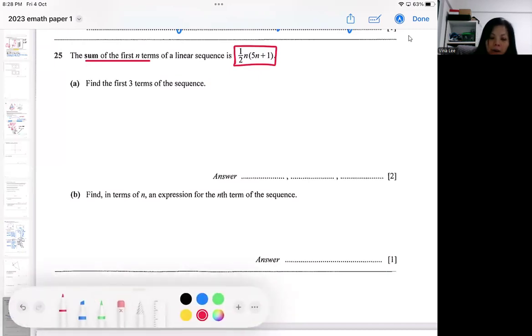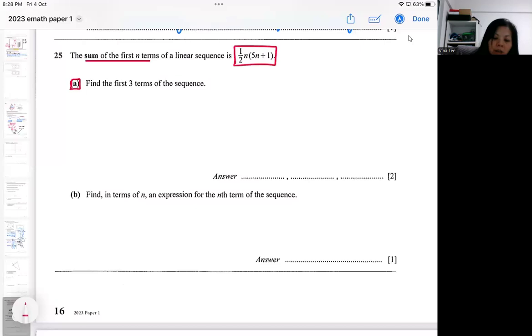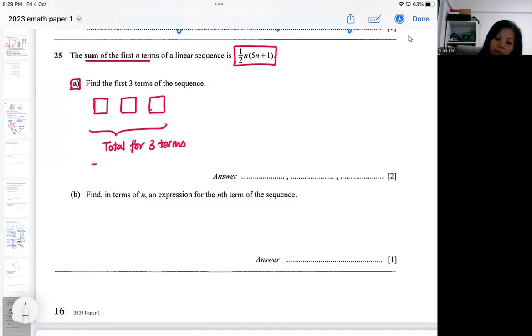So in this question part A, we want to find the first 3 terms. How am I going to find the first 3 terms? I am going to find the total for 3 terms first, because that's what the formula can give me.